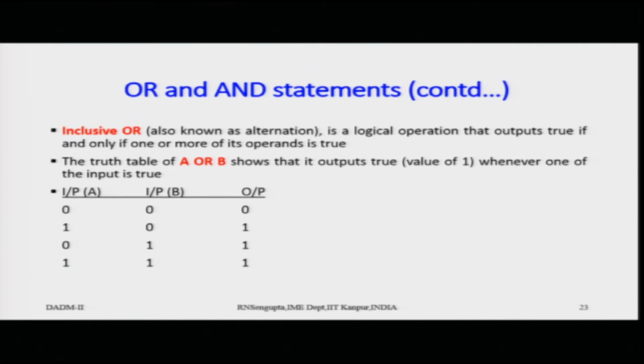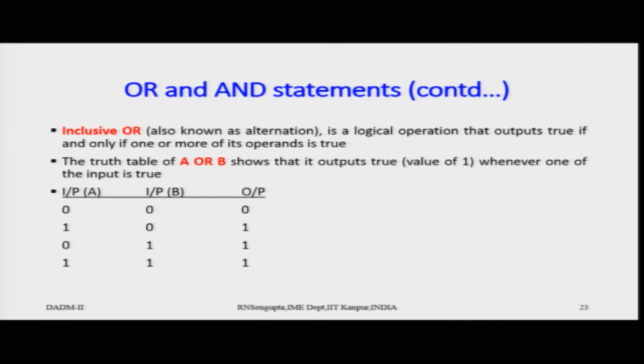Now, I go to the inclusive OR, also known as the alternation. It is a logical operation that outputs true if one or more of its operands are true. In this case, we will consider it like this. In this A or B table, output A is 0, null, where null means negative, and output B is considered null.